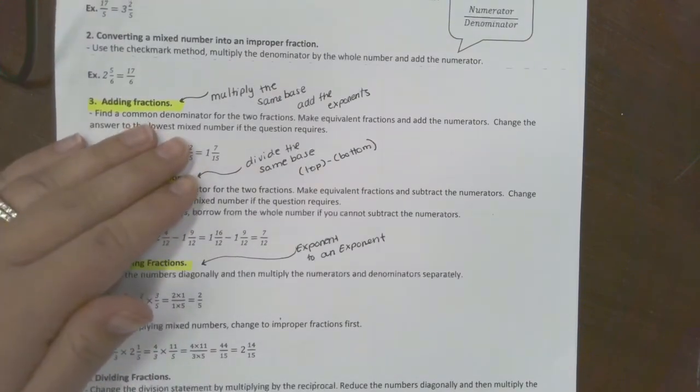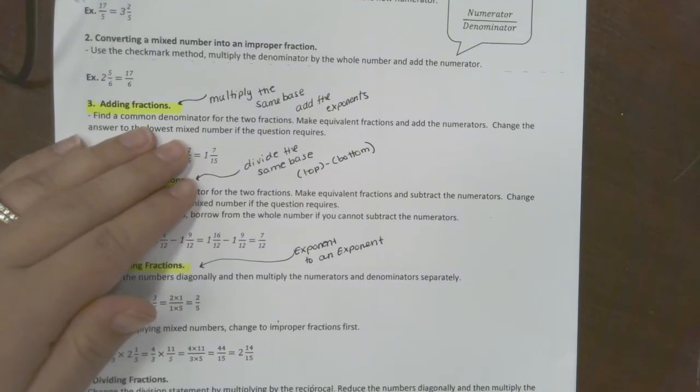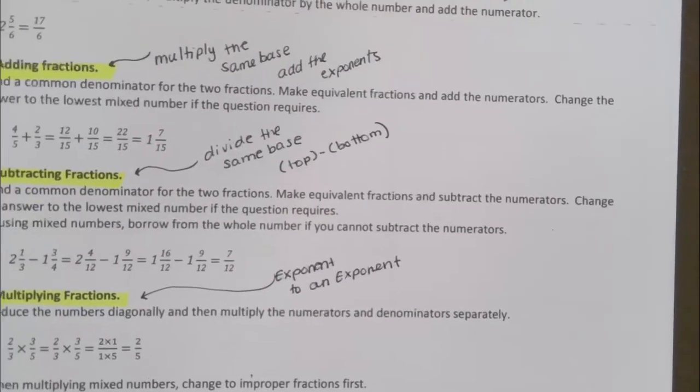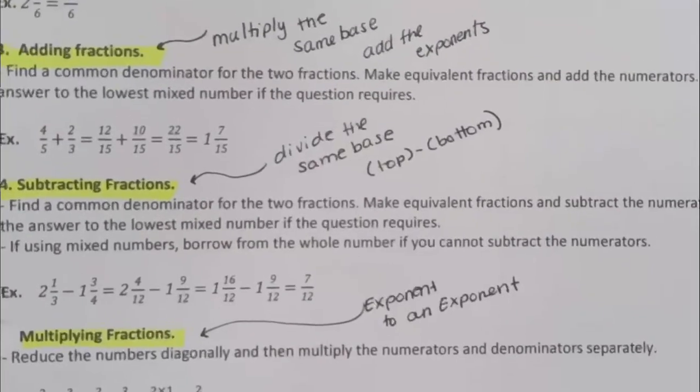When you are adding fractions, that's going to be adding the exponent. So let me zoom in just a little bit so you guys can see and write this out.